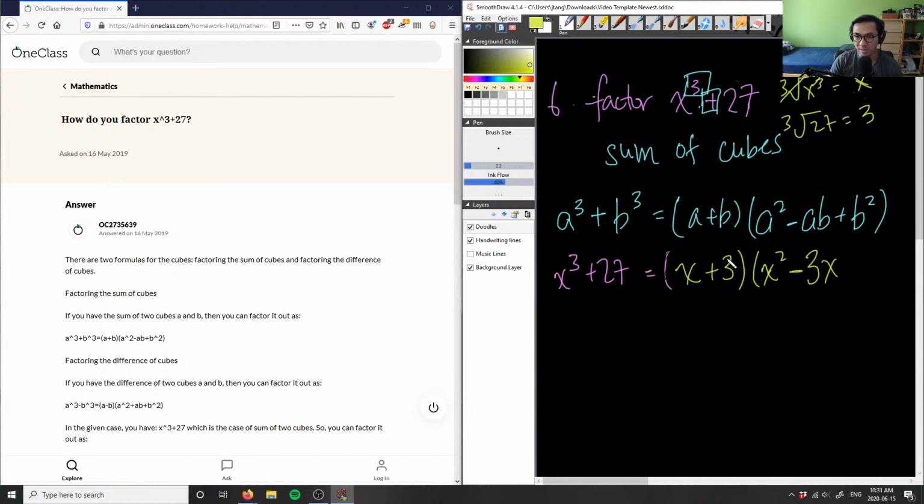So if b here equals 3, then b squared is going to equal 9, right? Because 3 times 3 here equals 9. So we have this guy here. And this will be our factoring for this problem, right? So this here is x plus 3 and x squared minus 3x plus 9. And this here is our solution for this problem.